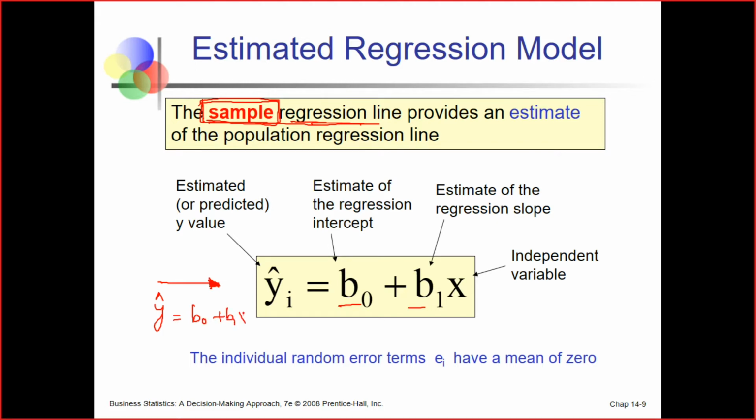Again, y is the dependent variable, x is the independent variable, b0 is called the intercept, and b1 is called the slope. Our main objective is to find the values of b0 and b1. If we get these two values, we can create our linear line.